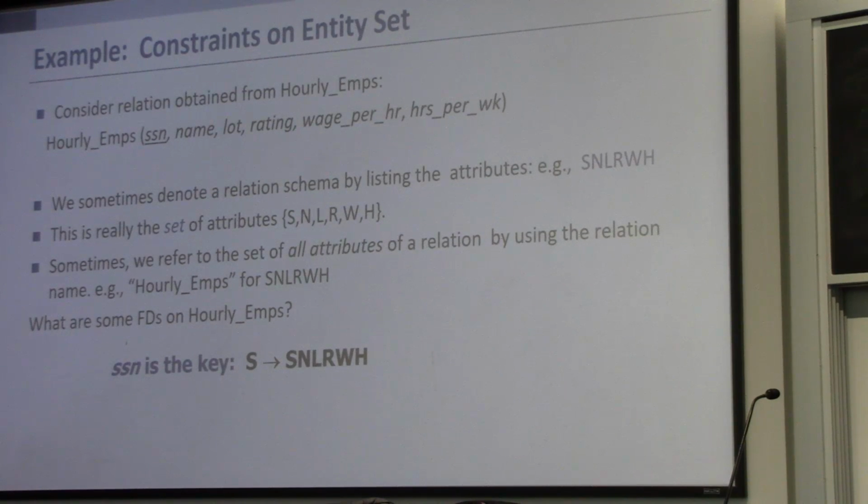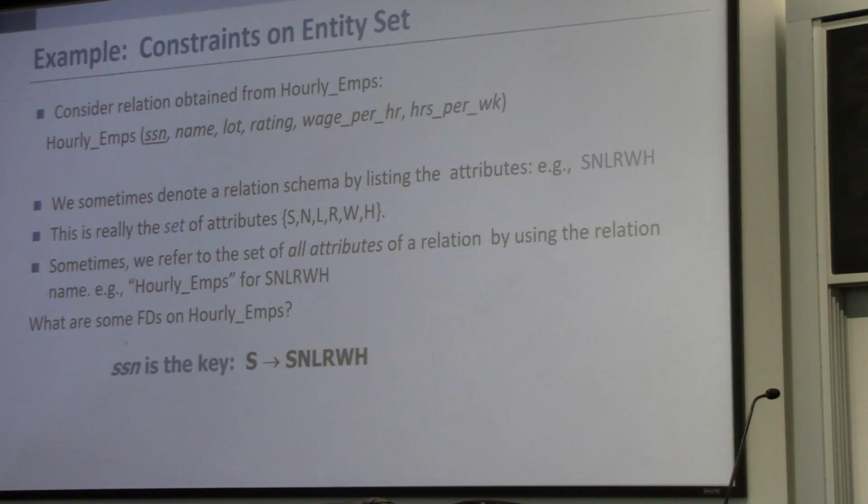Let's look at the definition of functional dependency and try to understand why that's the case. Functional dependency says: if X determines Y, then for any r from schema R, any two tuples t1, t2 from that instance r, if the projection of X on t1 equals the projection of X on t2, then the projection of Y on t1 must equal the projection of Y on t2.